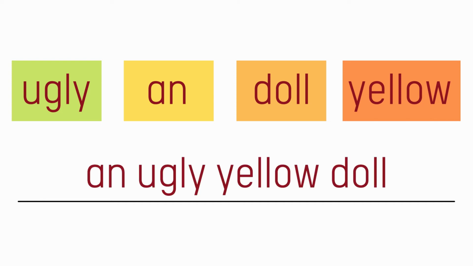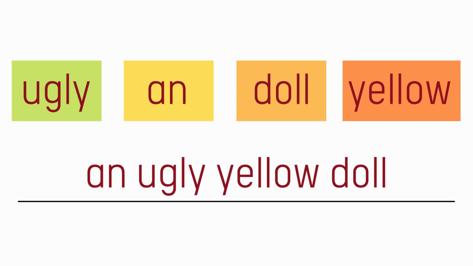Then continue with the adjective. The adjective here is, yes, ugly. Then add the color, yellow. Finally, we put the name of the object. So we have an ugly yellow doll.